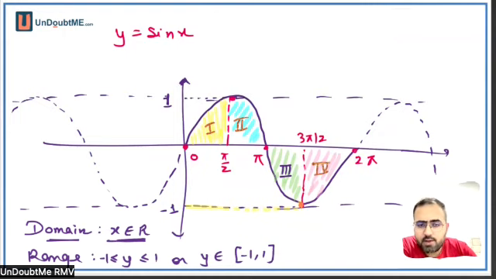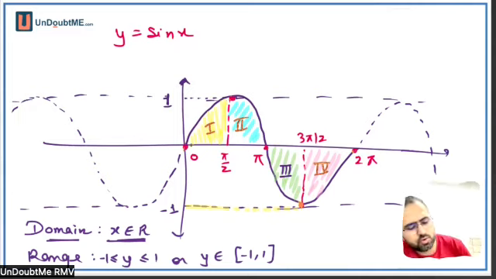So the graph of sine fluctuates between -1 and 1. It starts from 0, then goes to 1. Then from 1, it falls down to 0. Then from 0, it falls down to -1. Then from -1, it comes back to 0 again. So this is called a wave. This is a sine wave, and it will be there in physics also, in the chapter on oscillations and waves.